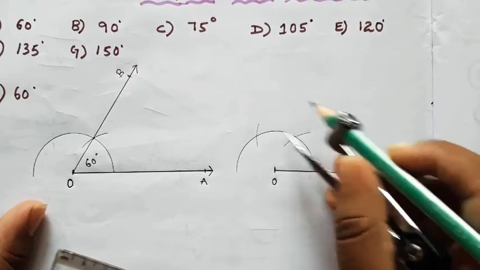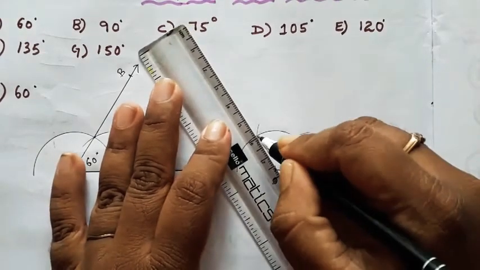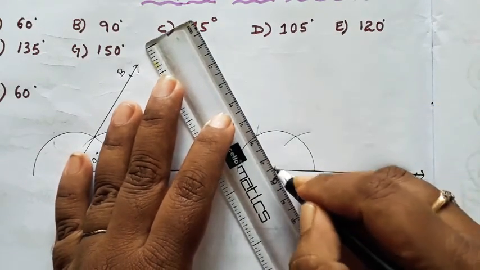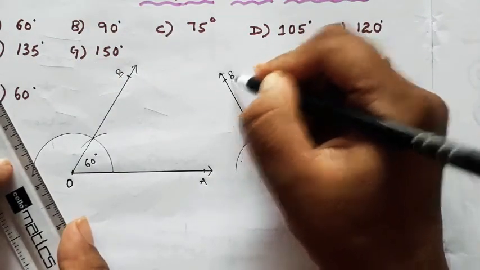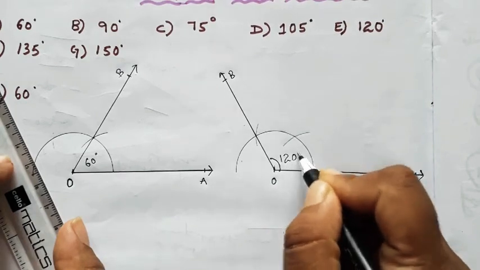So this 60 plus 60 is 120 degrees. Now join this point with the reference point, extend it and mark some point. I have marked B, and this angle is 120 degrees.